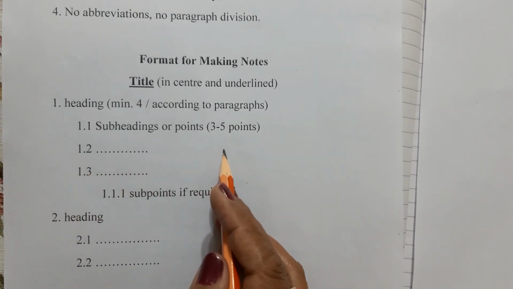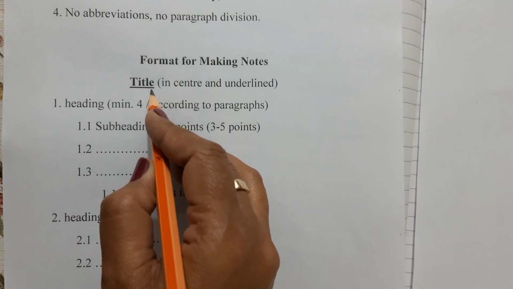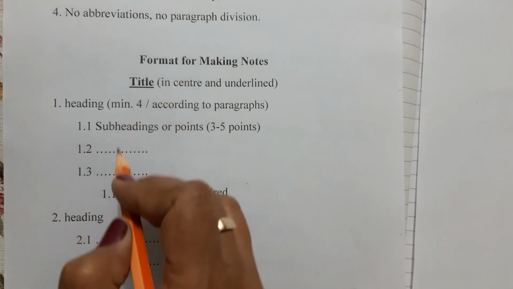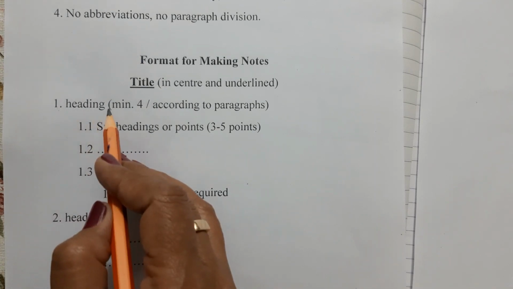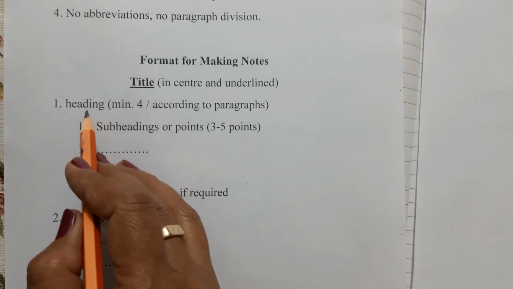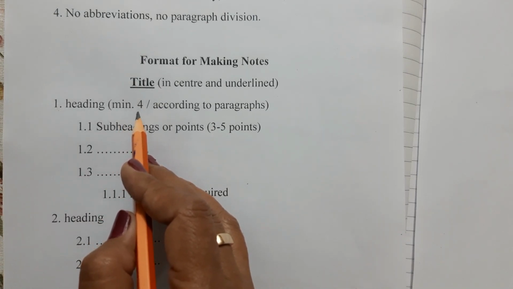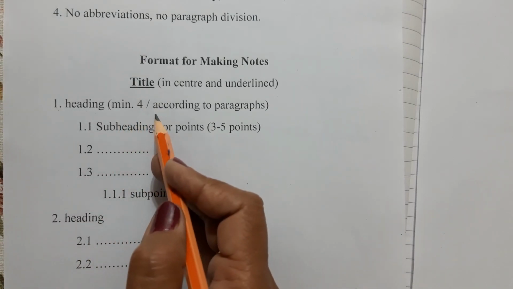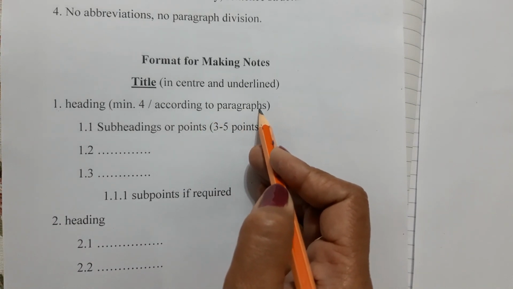Now quickly, let's see the format for making notes. First of all, title in the beginning, and it should be written in the center, it should be underlined. Then we should give the first heading, and there should be at least a minimum of 4 headings. They can be more, 5, 6, 7 according to the paragraphs, as I told you earlier.